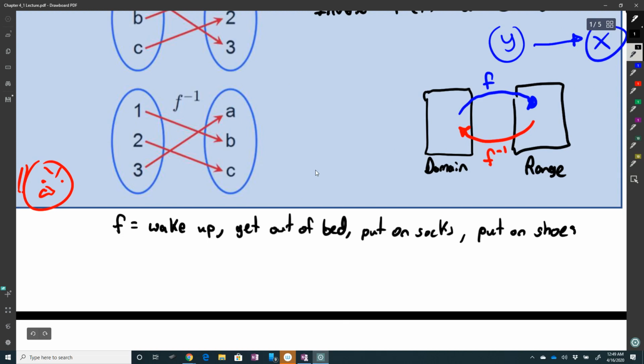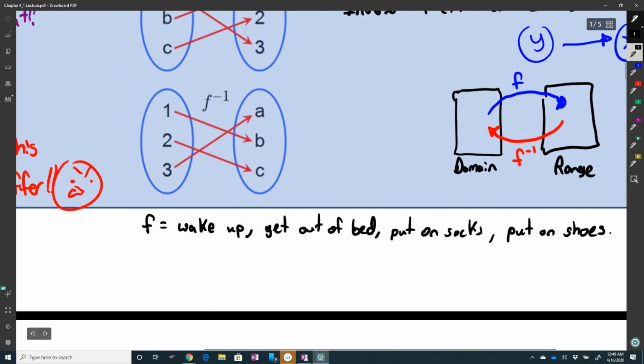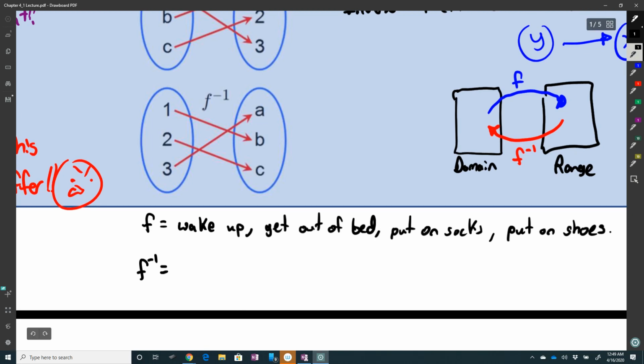We'll pretend that it's okay to walk out without any shirt on. So what the inverse does is it does the opposite. Imagine you're done for the day, and it's just not the opposite. You don't go to sleep, then get in bed, then take off your socks, and then take off your shoes. So it's not just literally undoing everything. You undo everything, but in the opposite order.